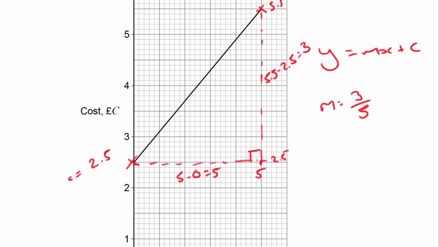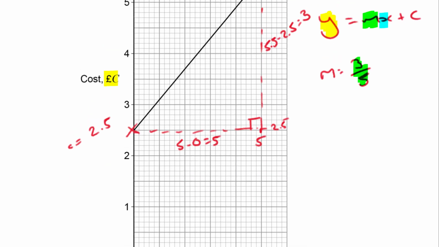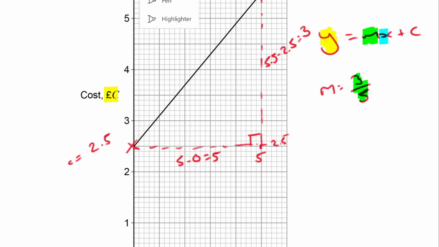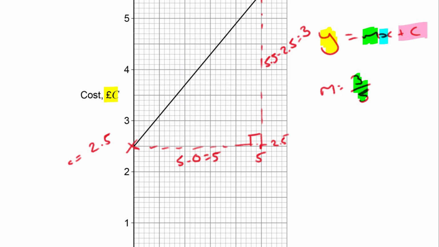Okay, so piecing that all together, our y in this case is C, so y is the big C. m is our gradient, which is 3/5. x is our n, number of miles, and c, running out of colours, let's see if I can find another highlighter. Oh, pink. c then is our intercept of 2.5.